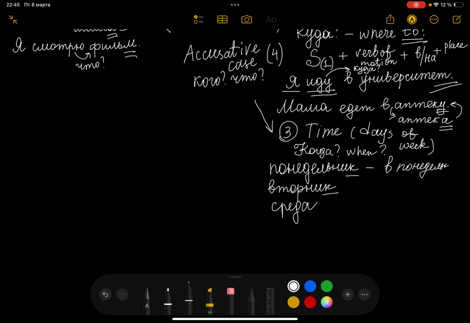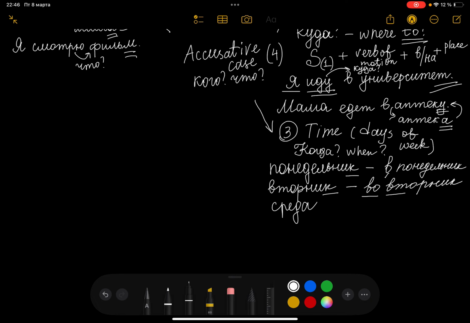Понедельник and вторник will be во вторник. Here we use the form of preposition во because the next word starts with two consonants and it's not comfortable to pronounce it without additional vowel.